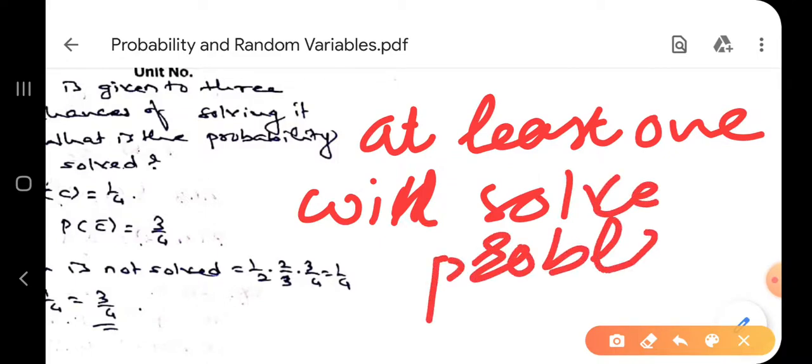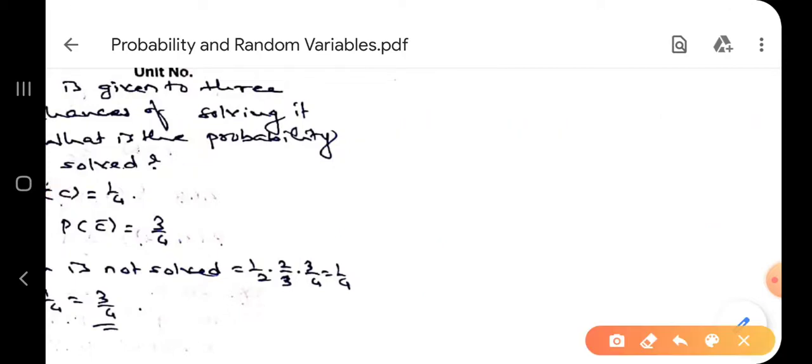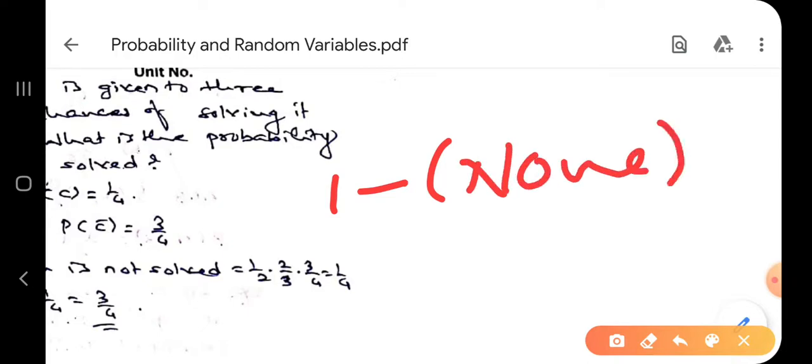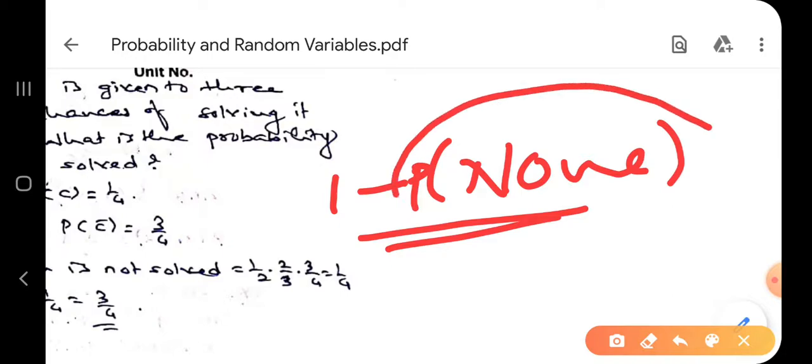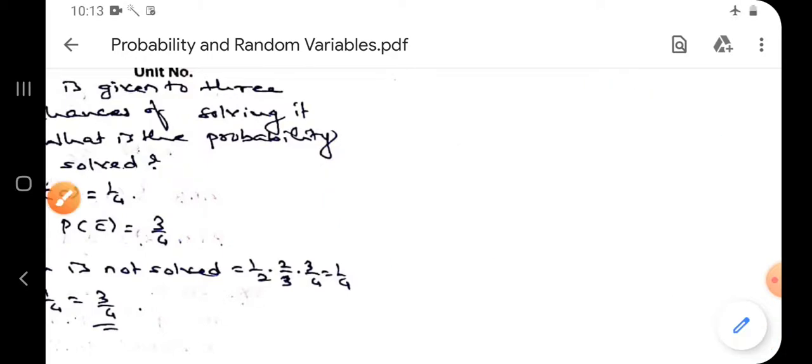Means either A, B or C, anyone will solve the problem. Correct? That means 1 minus the probability that none of them will solve the problem. So first we find the probability that no one will solve the problem.